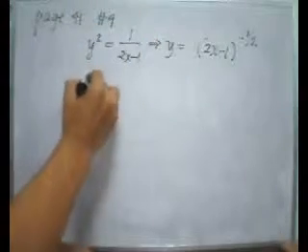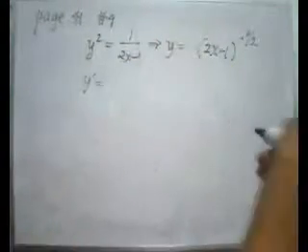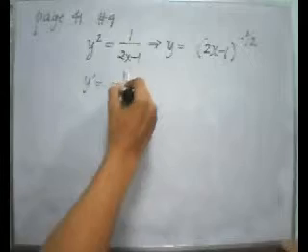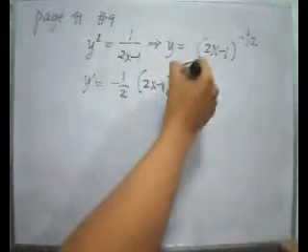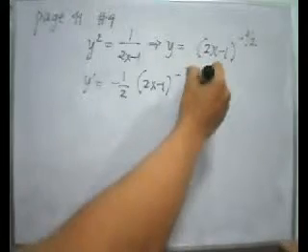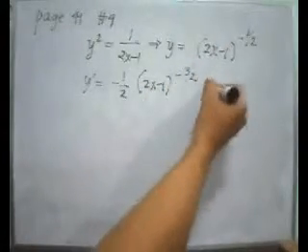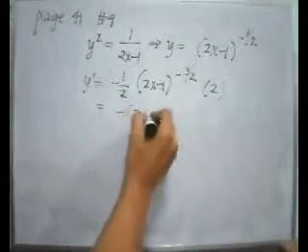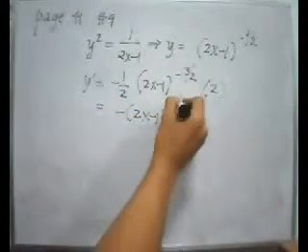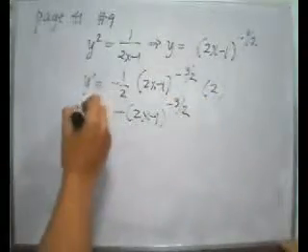Now let's have y prime equals negative 1/2, chain rule, times 2x minus 1 to the negative 3/2, times the derivative inside, 2. We have negative of 2x minus 1 to the negative 3/2.